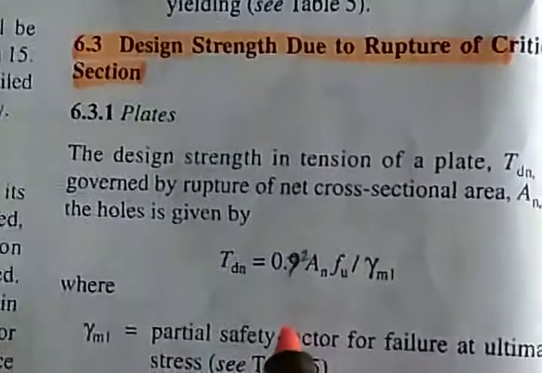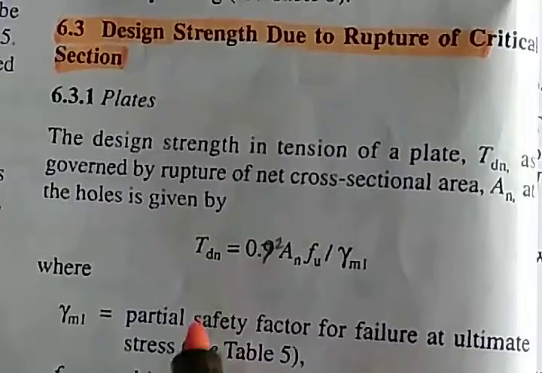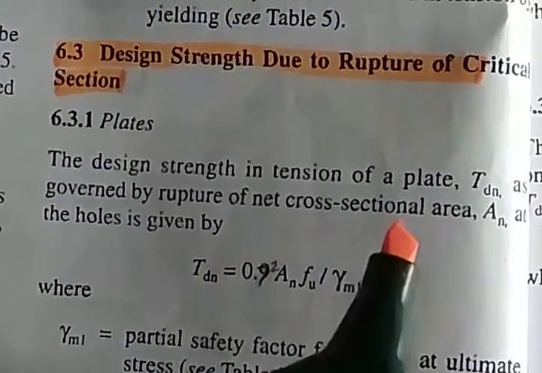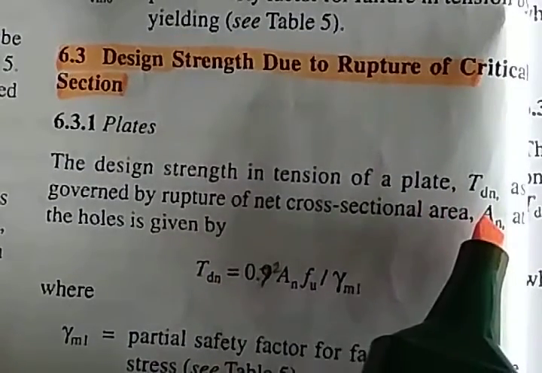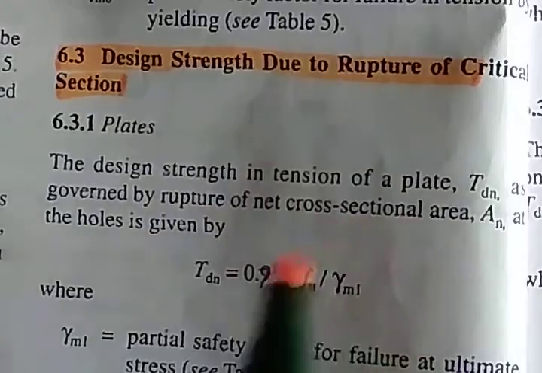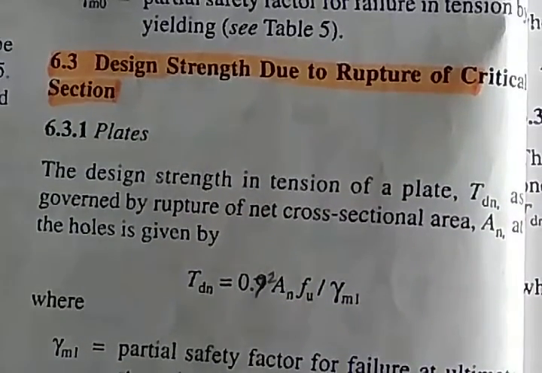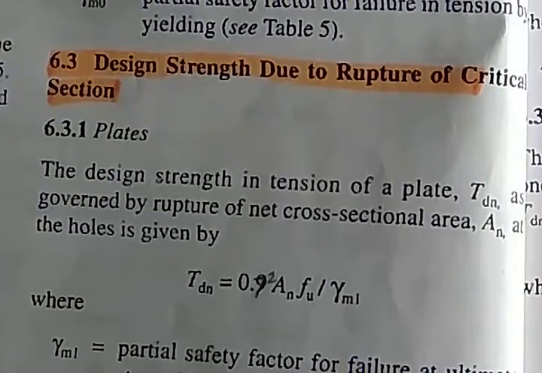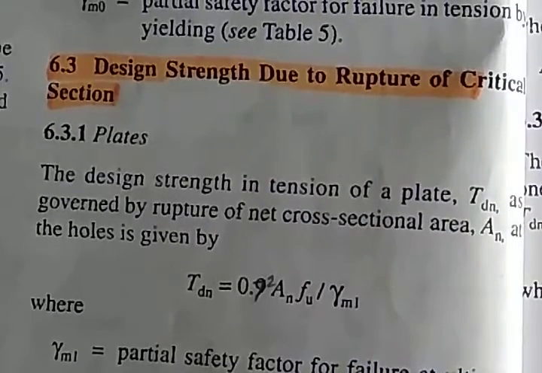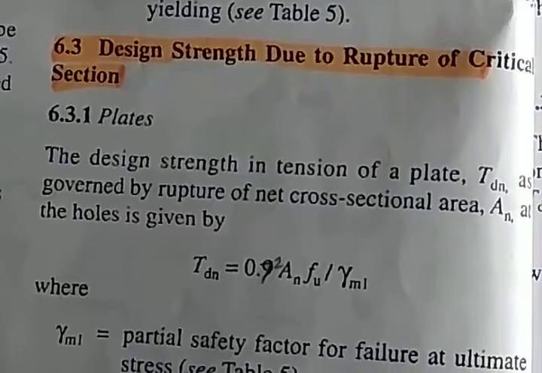This is for the plate, and it is given by the design strength in tension of a plate, denoted by TDN, as governed by the rupture of net cross-sectional area. So the net cross-sectional area AN at the holes is given by TDN equals 0.9 into AN Fu divided by gamma M1. So what does this consist of?